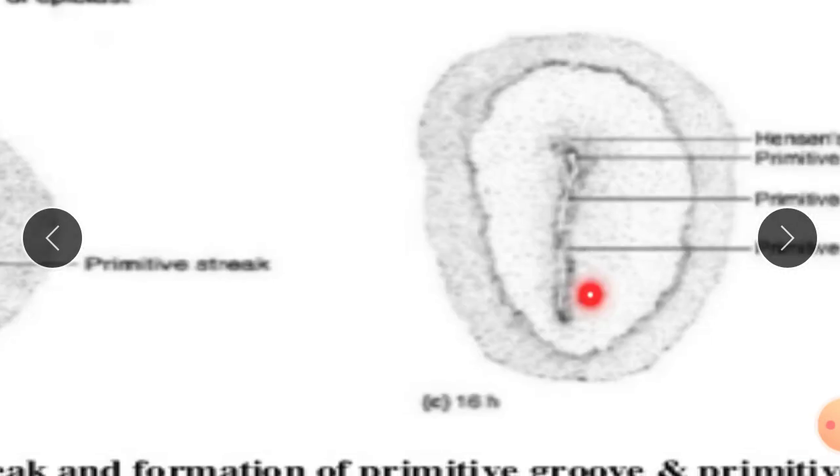Can you see here? This is primitive streak. And dorsally, there is a groove at the center of the primitive streak. On either side of the groove, folds are formed, primitive folds.